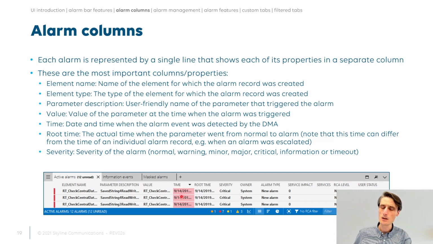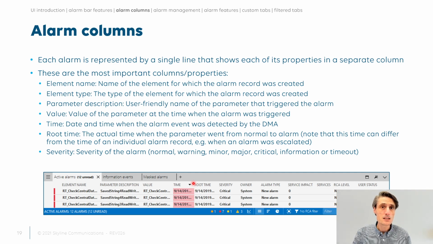Now for the time, we do see time, but also root time. What's the difference? The root time is basically when the alarm was originally starting. So it could be starting this morning at 8 o'clock. Maybe the temperature was 25 degrees then. Then we have, for instance, a warning alarm. But over time, like an hour later at 9 o'clock, the temperature further increases to 30 degrees and it went to a critical alarm.